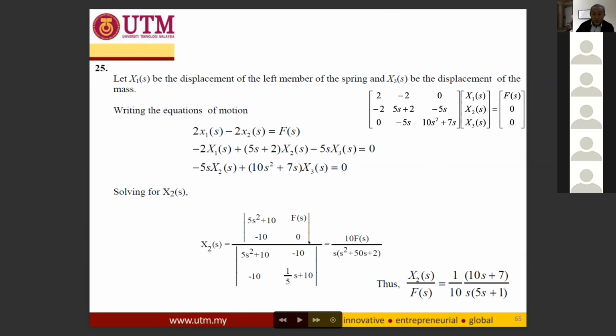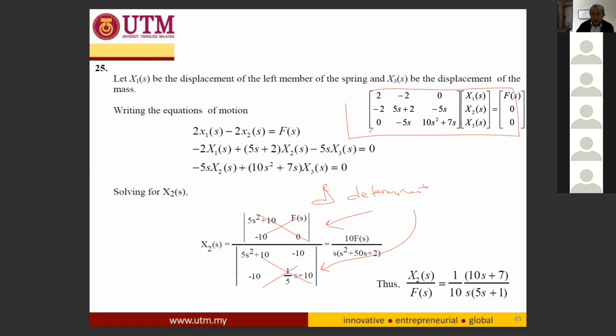This we call the determinant of the matrix. You have to cross multiply this part and this part, taking into consideration the main matrix here. That's why you will get x2 over Fs equal to 1 over 10, 10s plus 7 over s, 5s plus 1.